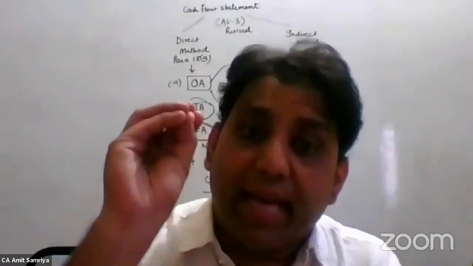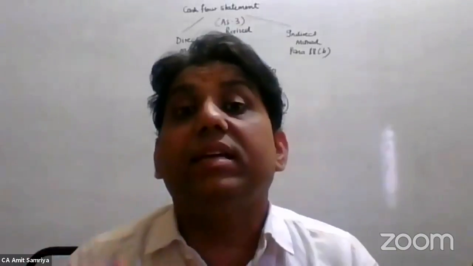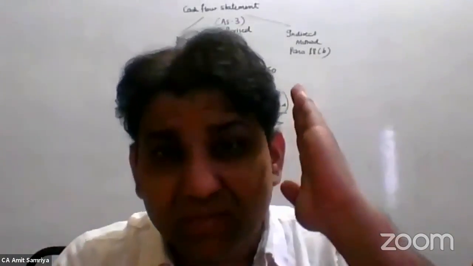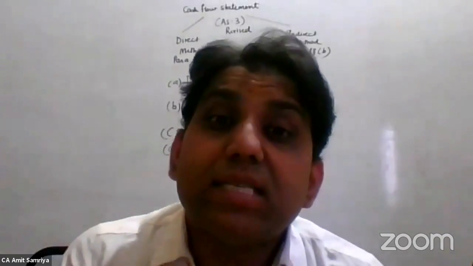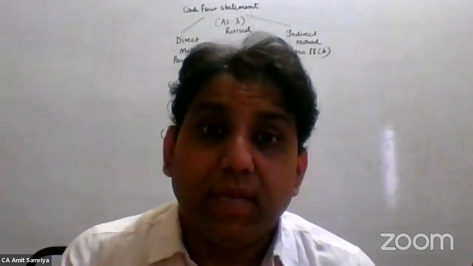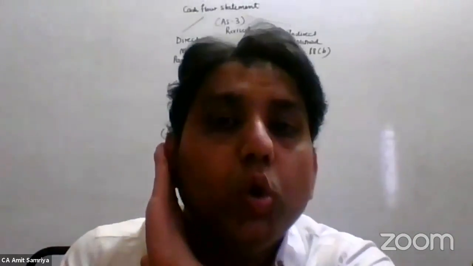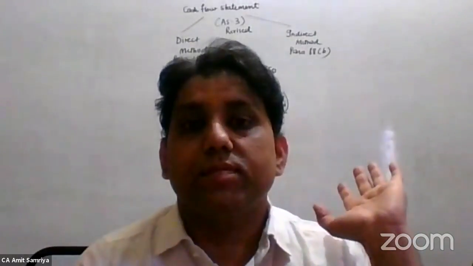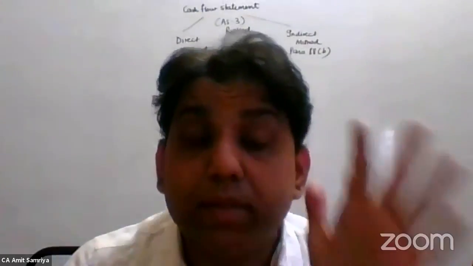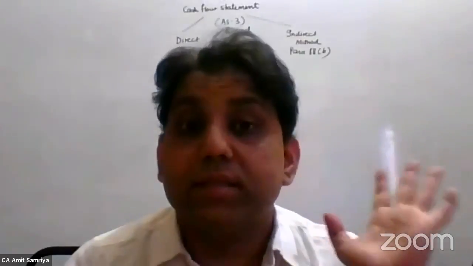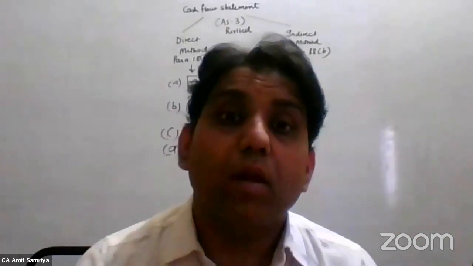Investing activity, financing activity, opening cash and cash equivalent balance, closing cash and cash equivalent balance are written in the same way as they are written in the direct method. There is no difference. You should remember this, keep this in mind.